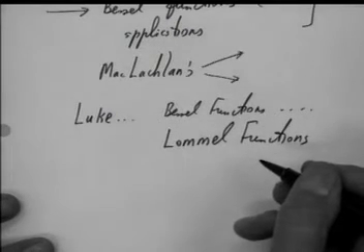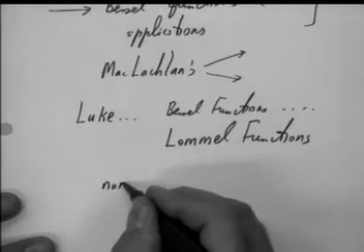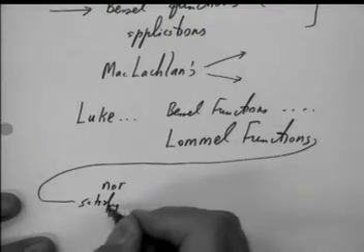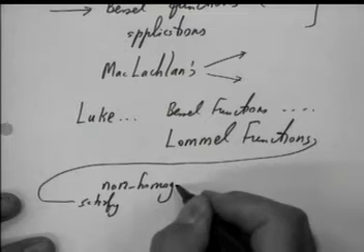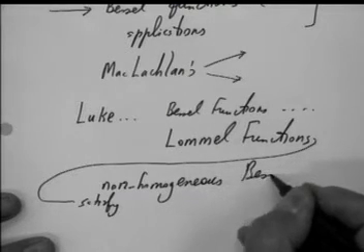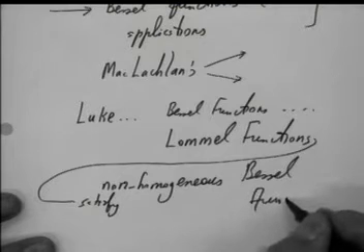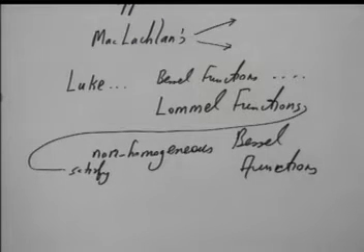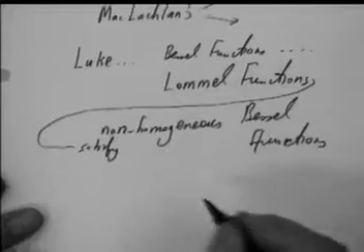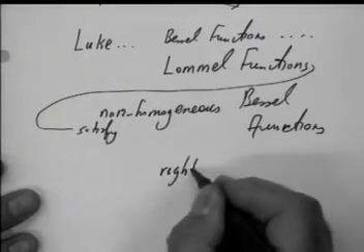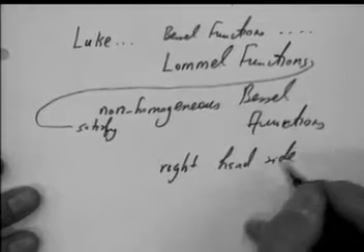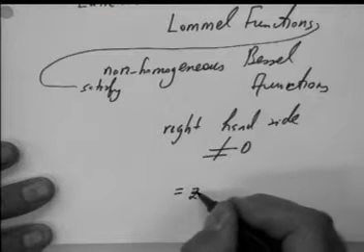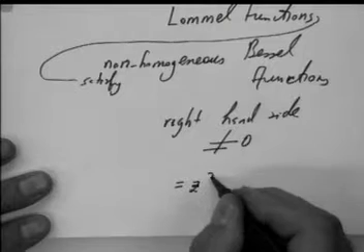Lommel functions satisfy non-homogeneous Bessel equations. What does non-homogeneous mean? The right-hand side is not 0, but equals z to some power, say, if we had mu, then to the power nu.